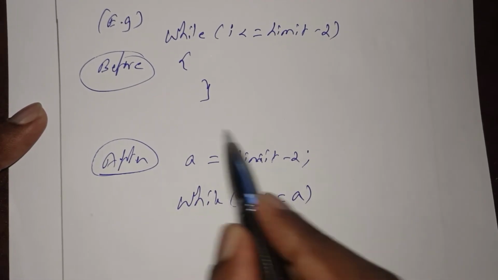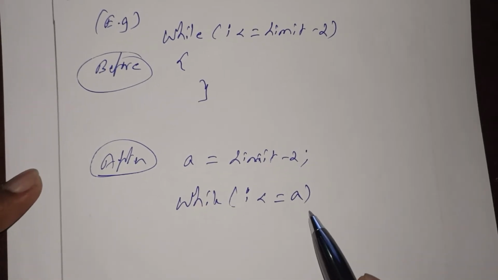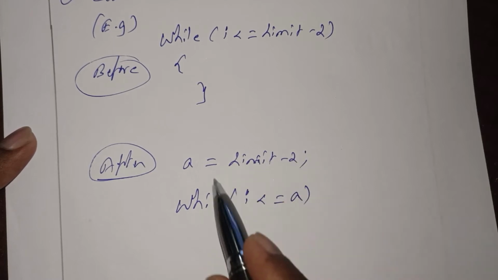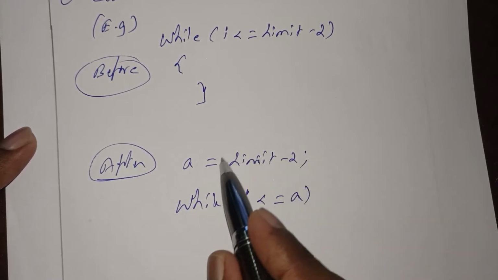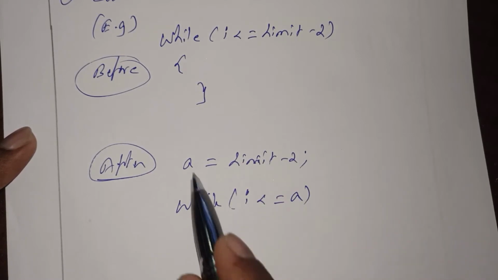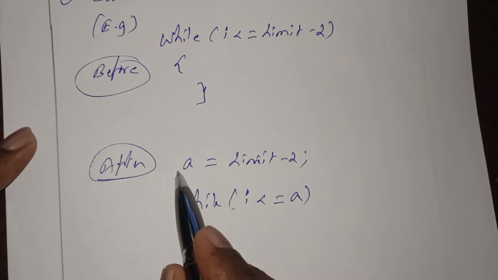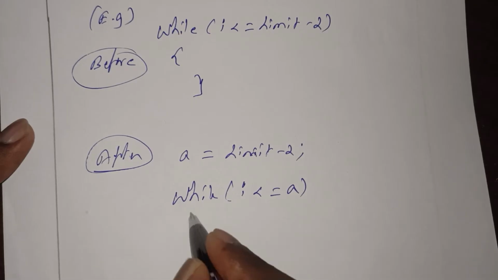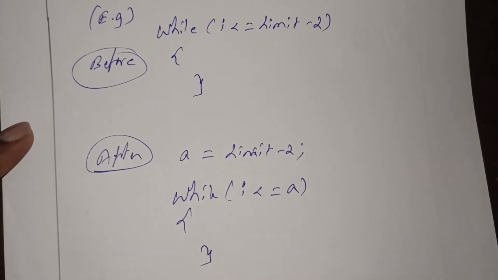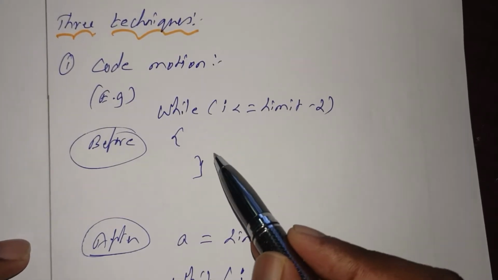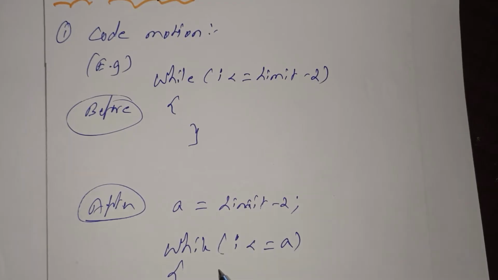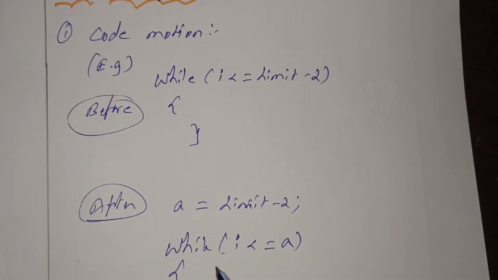So here the value has been consolidated and stored in a. Now the running time, or execution time, of this process can be looked at through a. Now a holds the result of limit minus 2, so it is stored in a. Now you check the condition and run the process. Now this gives a valid output, the same as before in this code. This is all about how the process is done in code motion.